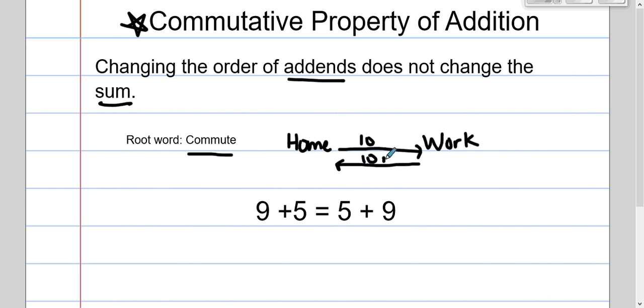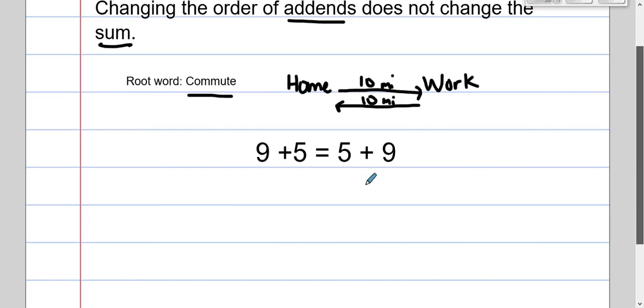Well, I'm still traveling 10 miles either way. So the only thing that changed was my direction or the order that I did things. So when you think of commutative property, think commute and think the only thing that changes is the order of the add-ins.